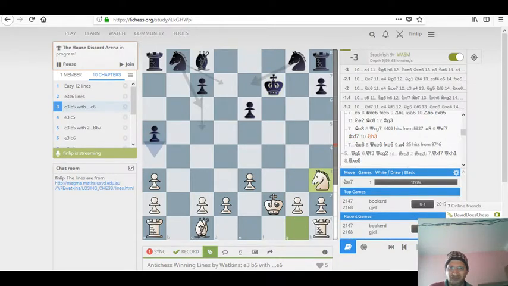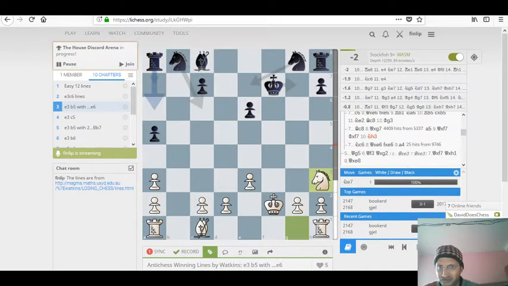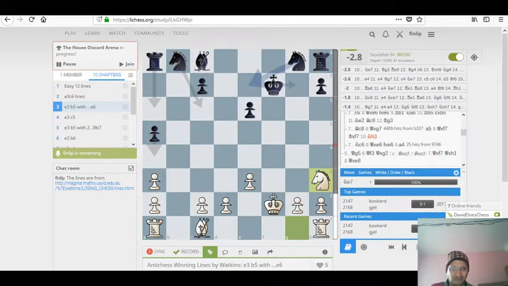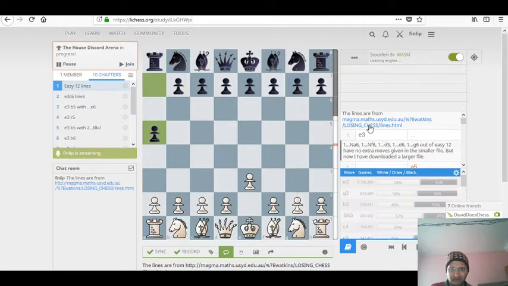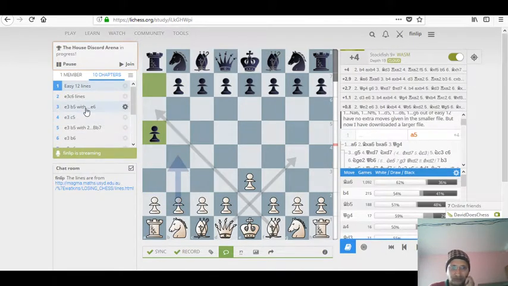Let's see how long this is. Shift Home, Control F, find all in the current document. We can see that there are 24 hits from 5337. Wait a second, I've just lost where I was, but I'll come back to it.